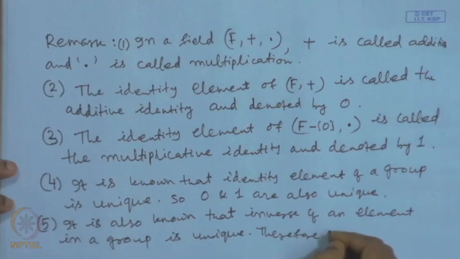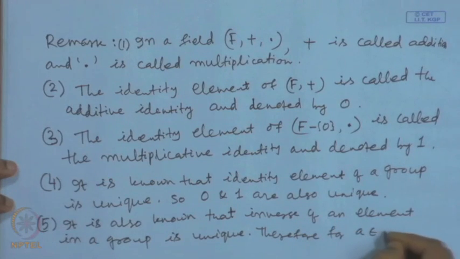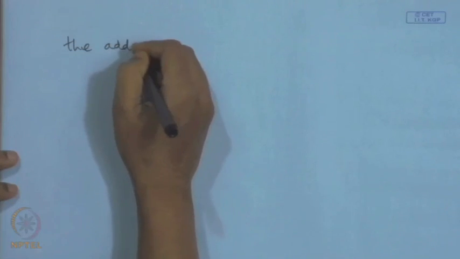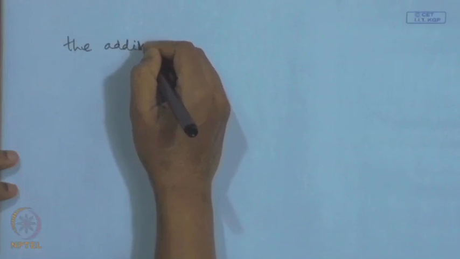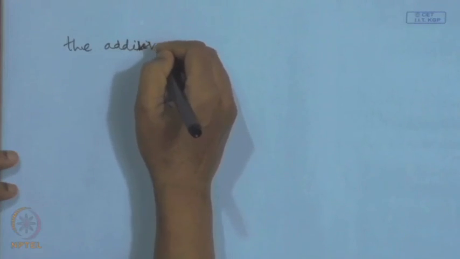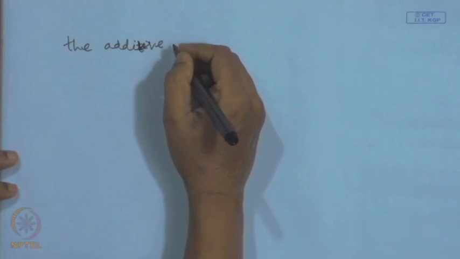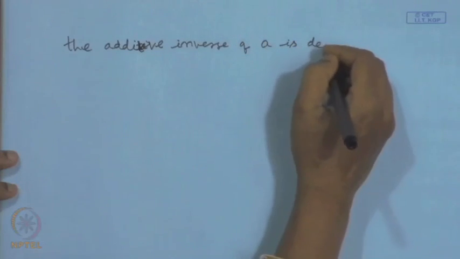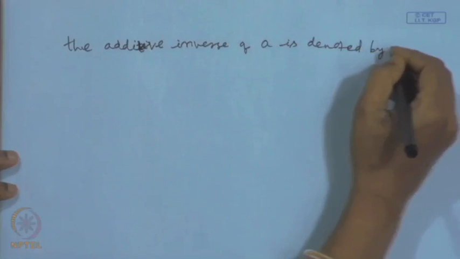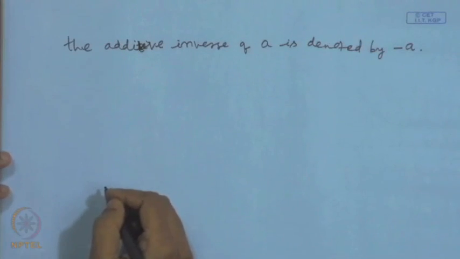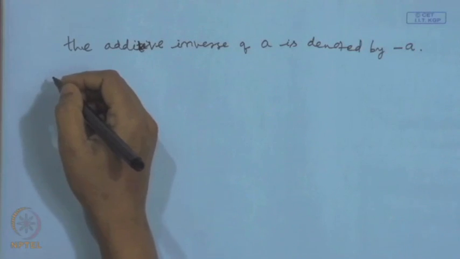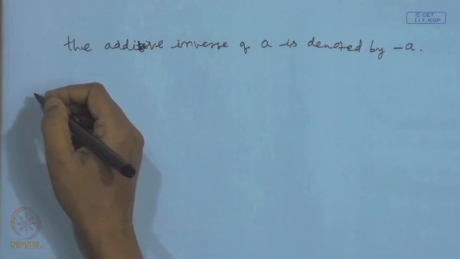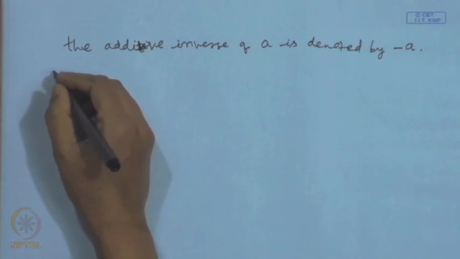Therefore, for any element A in F, the additive inverse of A is denoted by minus A. Next, we shall see some examples of fields.